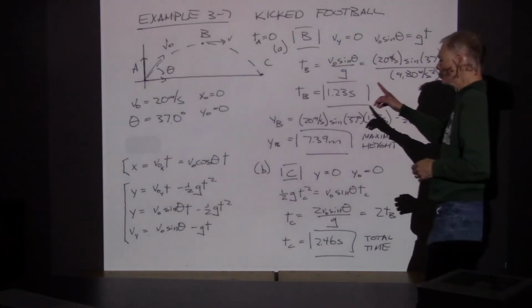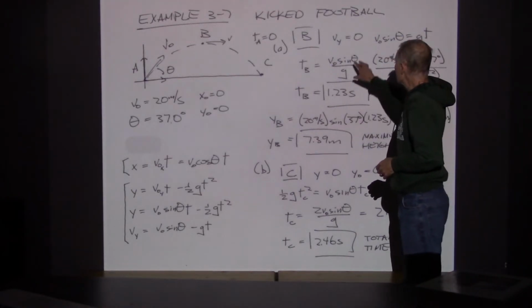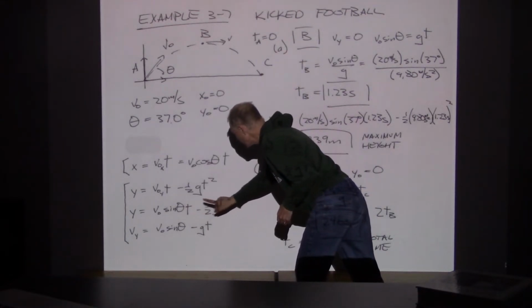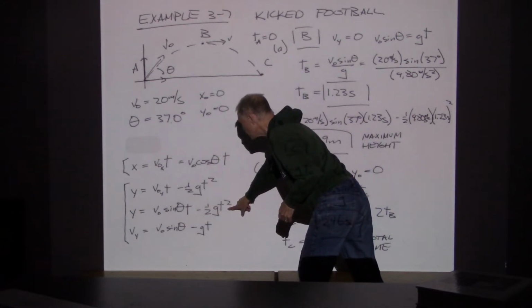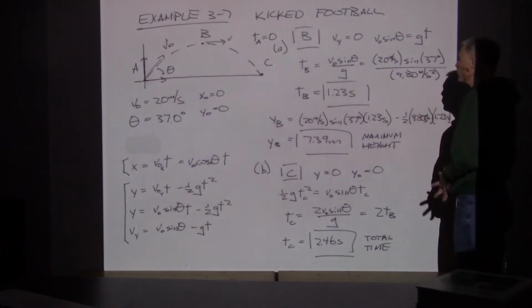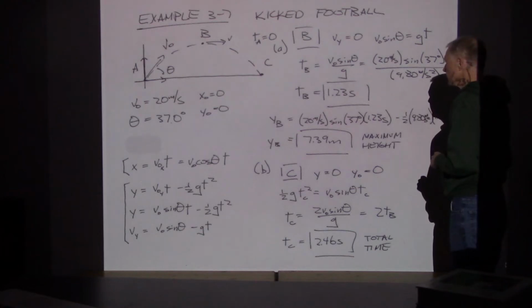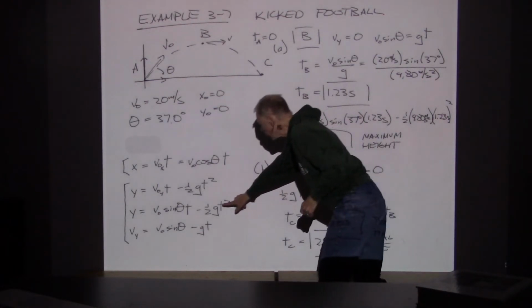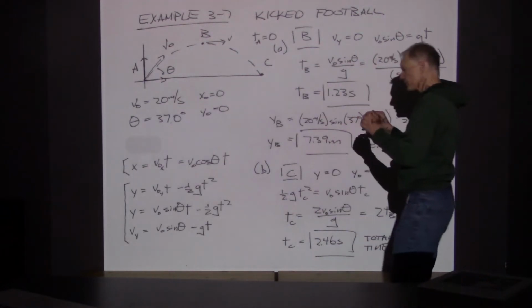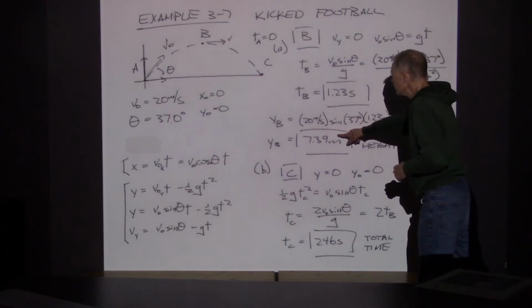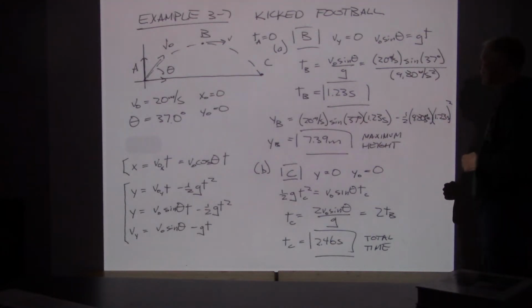But I actually used this formula to get the time, and then I moved on to this formula to get the location. They wanted to know how high we are going to be at point B. So for that, I moved on to the equation listed right here. I put the times in, and I put in the values of g, and ended up with 7.39 meters. That's the maximum height.